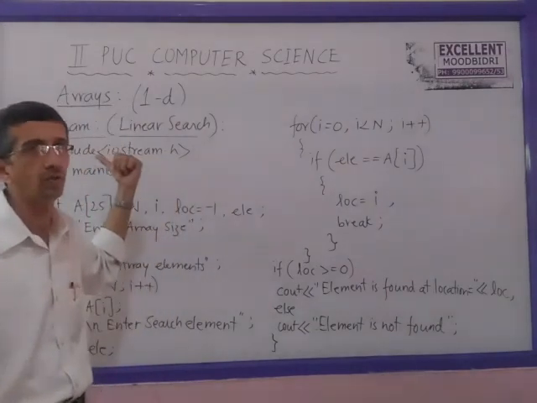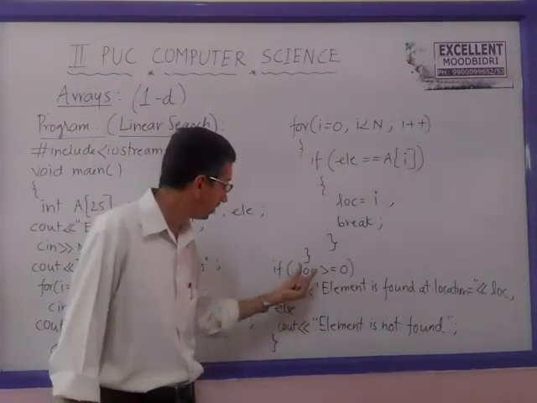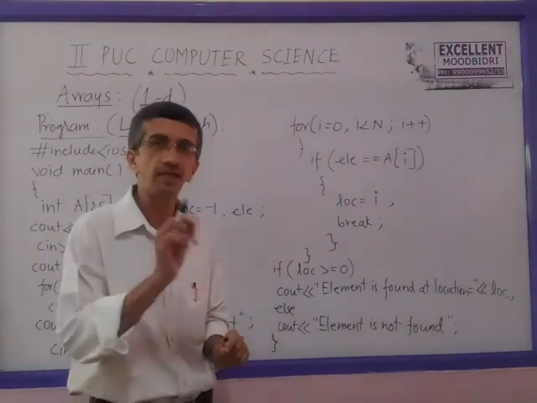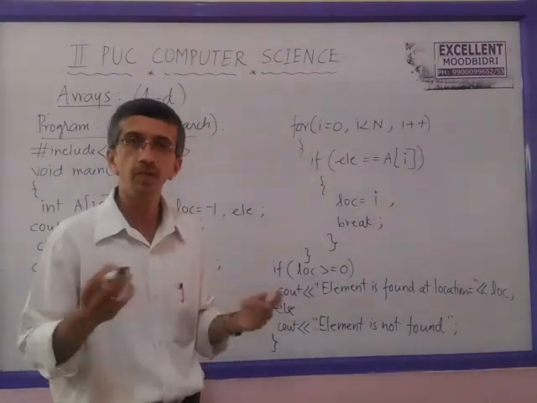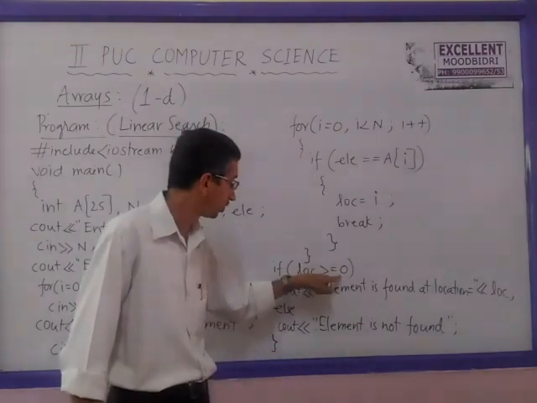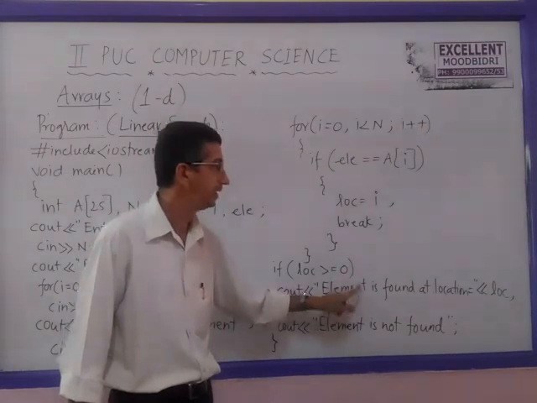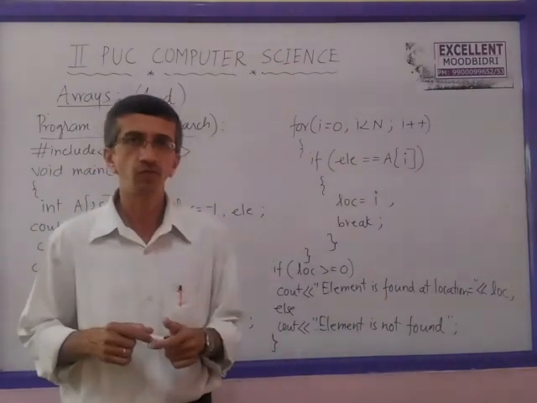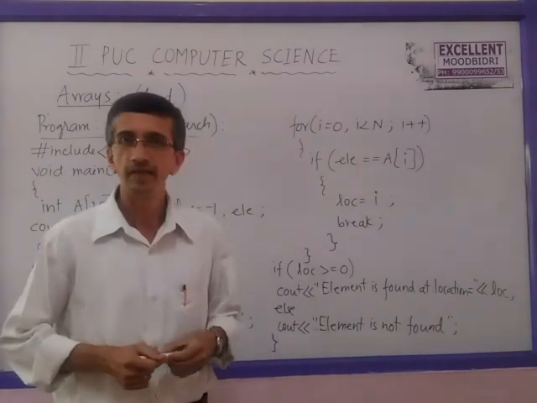Initially location is set to -1. Later compare: if location is more than or equal to 0, because the item may be present as the first item also, it may be found anywhere starting from index 0, so more than or equal to 0 means the element is found, and display the location where it is found. Else display that the search is unsuccessful, the element is not found in the array.